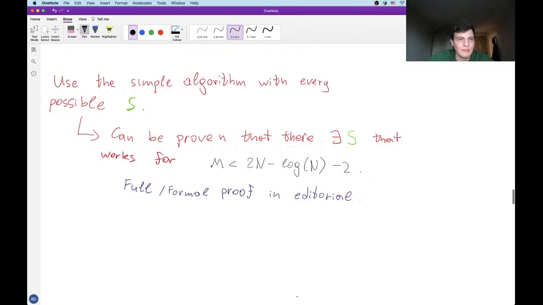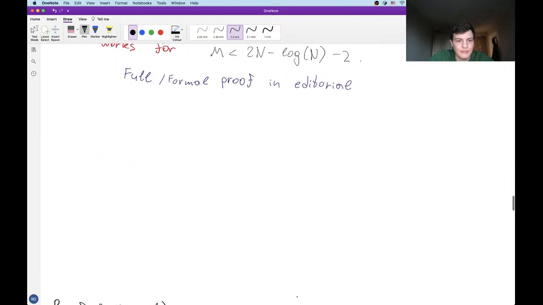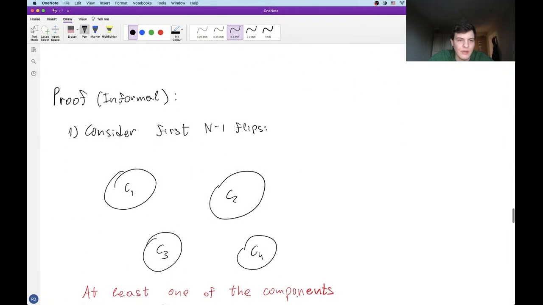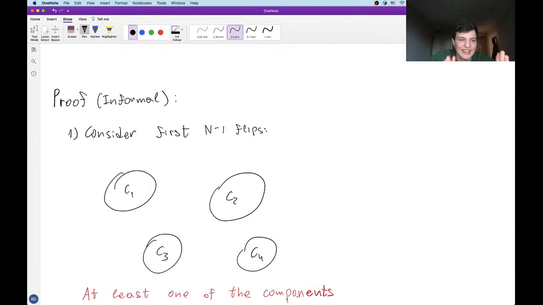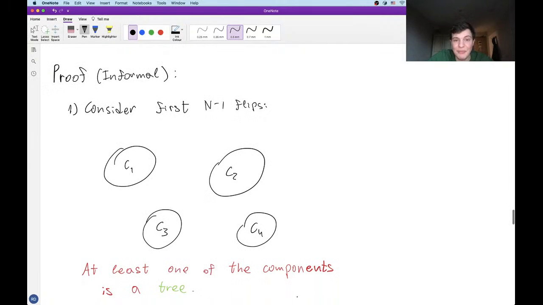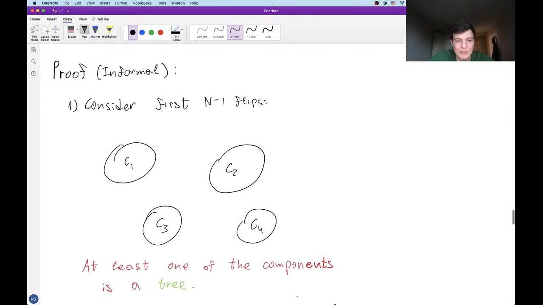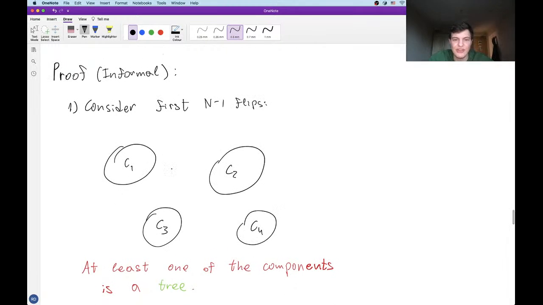So yeah, basically, as an informal thing, let's consider the first n-1 flips. What will happen is that we basically have a bunch of connected components. Maybe we'll have just one connected component here because we have n-1 flips.